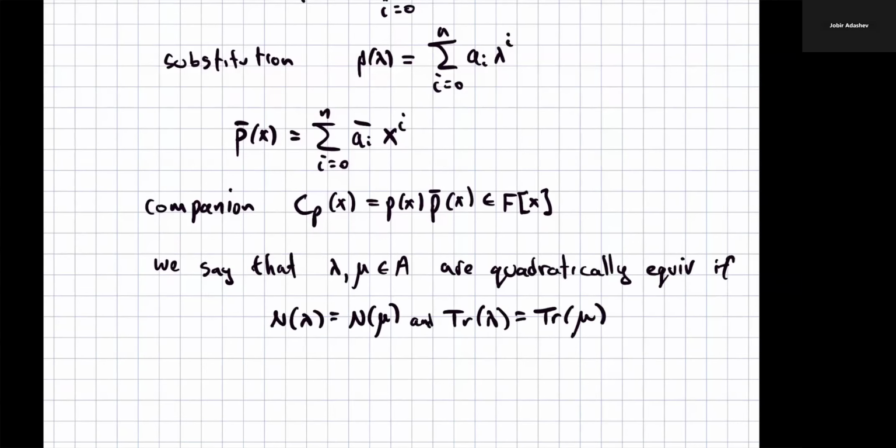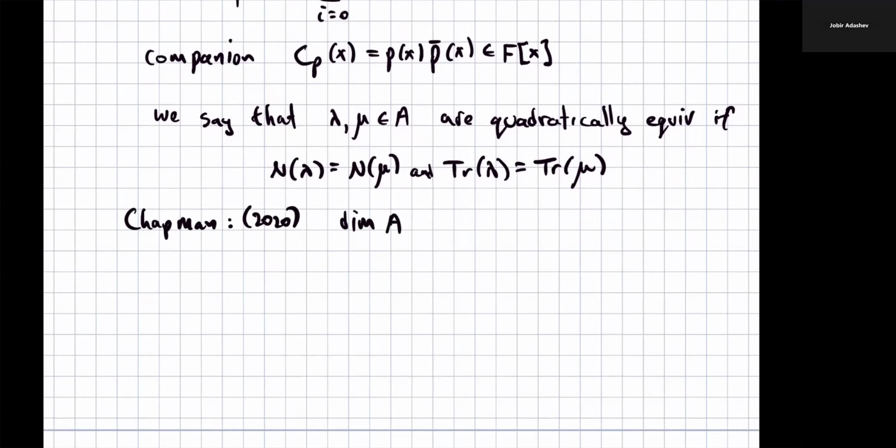And I will need in what follows the following result from Adam Chapman from 2020. This works for up to quaternion and octonion Cayley-Dickson algebras, and they need also to be division algebras, which happens when the norm is anisotropic.